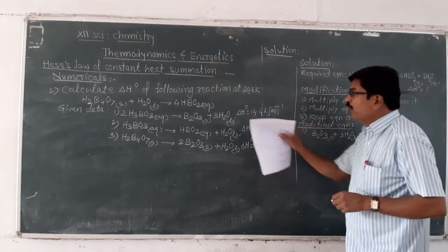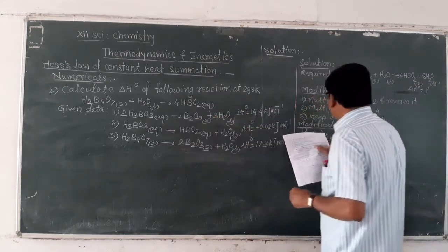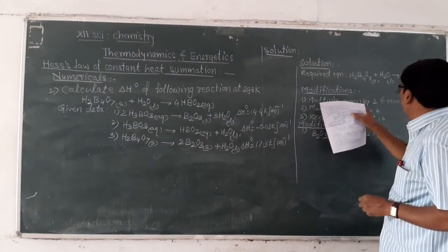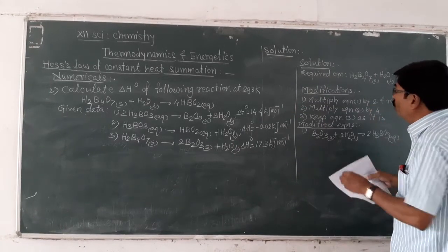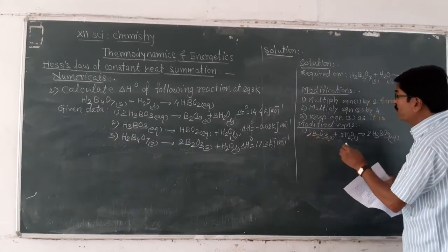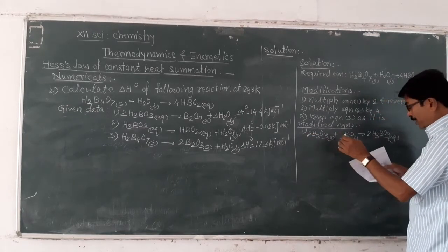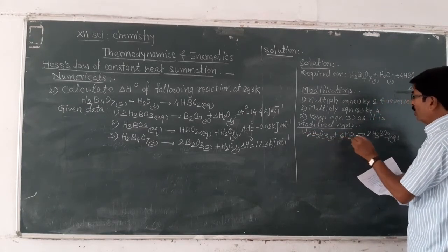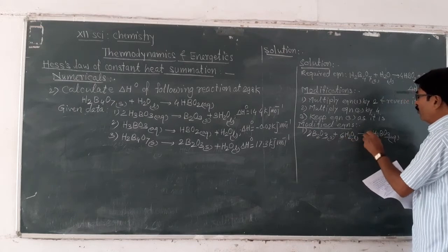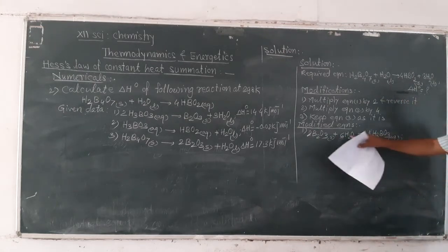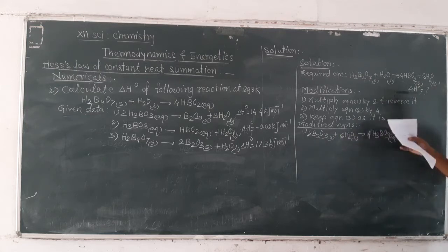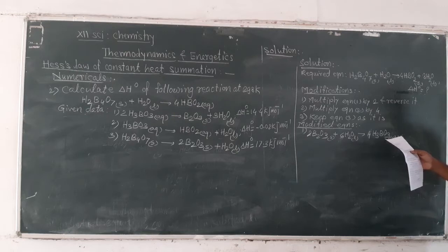Now this is only the reverse. After that you multiply this reversed equation by 2. That means you get 2B2O3 plus 6H2O liquid to give 4H3BO3. If you multiply this equation by 2, you have to multiply its enthalpy also by 2.